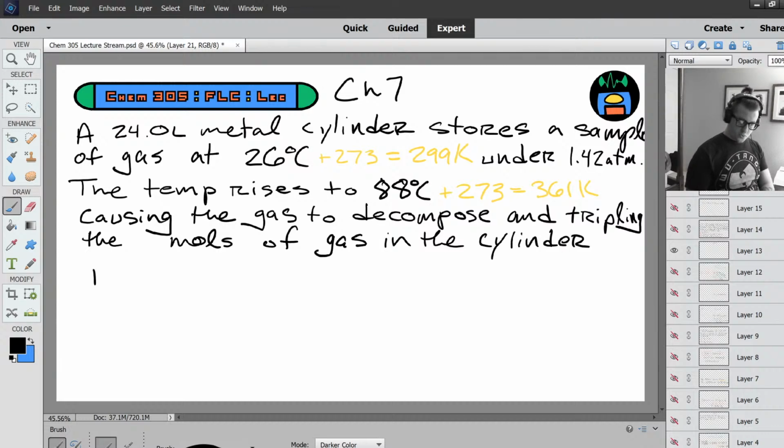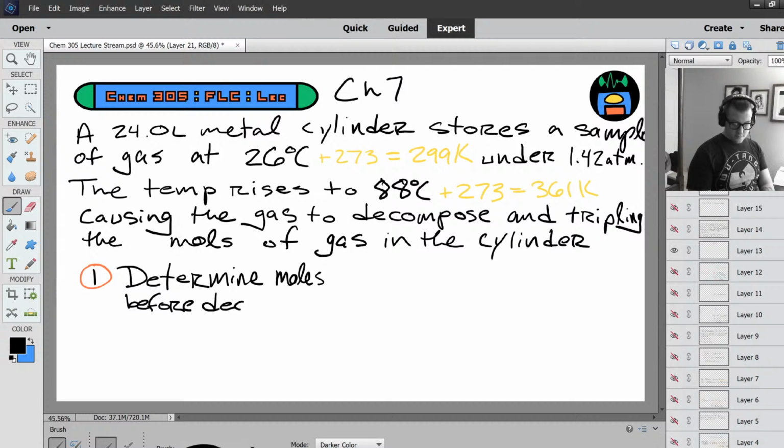And then we have two parts of this problem. The first is to determine the moles of gas before the decomposition.